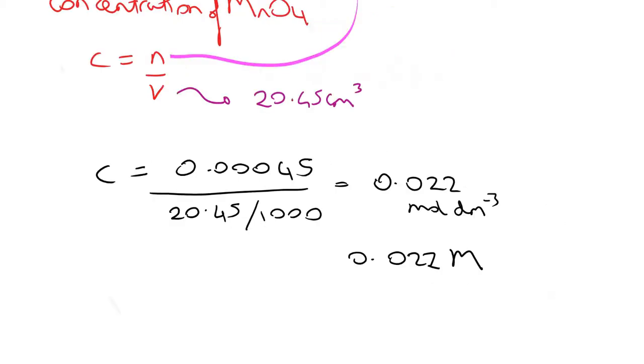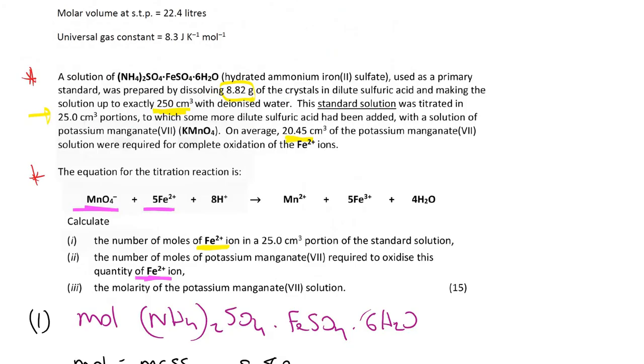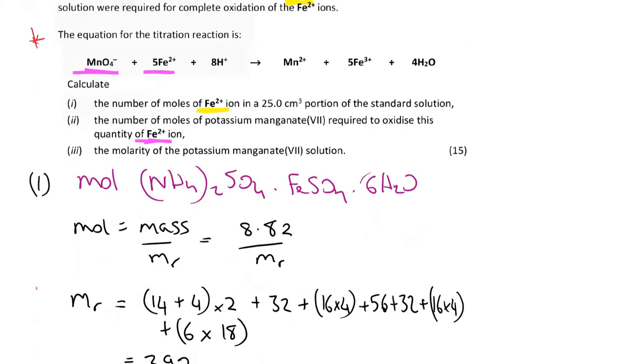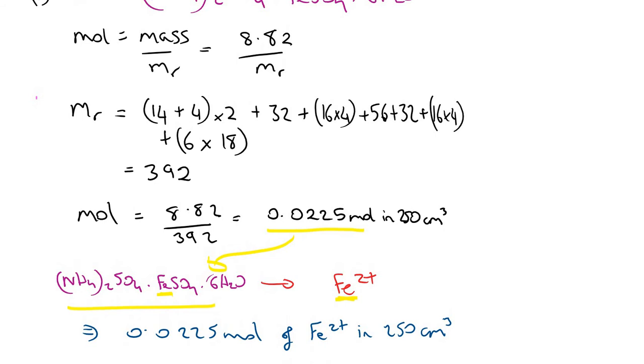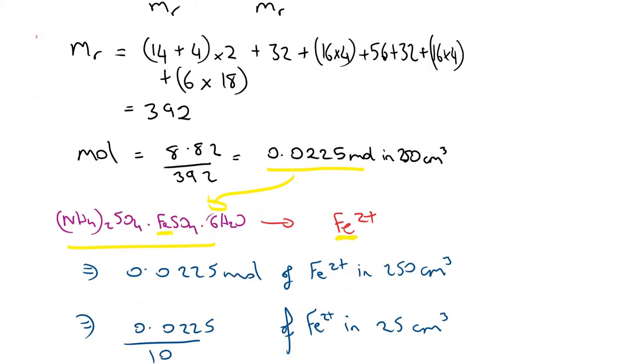So just to recap then, we were first asked to find the number of moles of Fe2+ in a portion of our original sample, which is our standard solution. We can only find the number of moles by taking the mass and dividing by the Mr. We find the Mr, we divide the mass by the Mr, and that gives us the number of moles of our compound. They're specifically asking us for Fe2+, because they want to reduce the complication of dealing with the whole compound, and for every one of these there is one of these. So we know the number of moles of Fe2+ in the original sample.